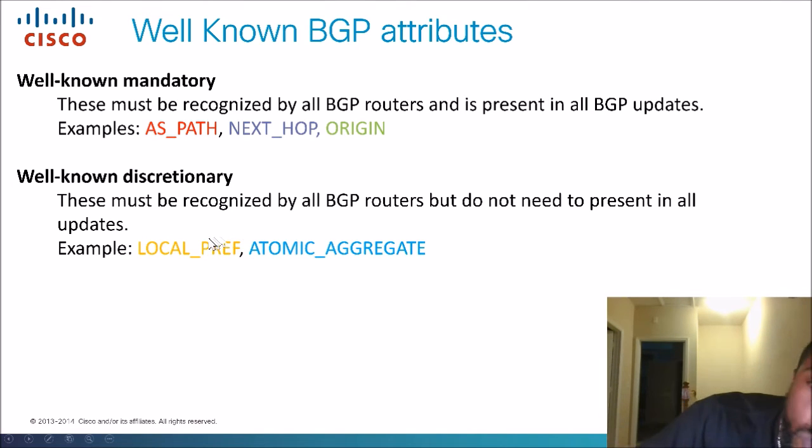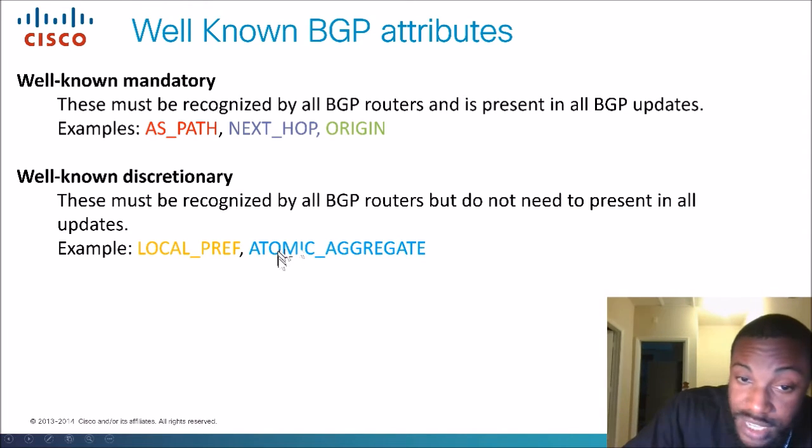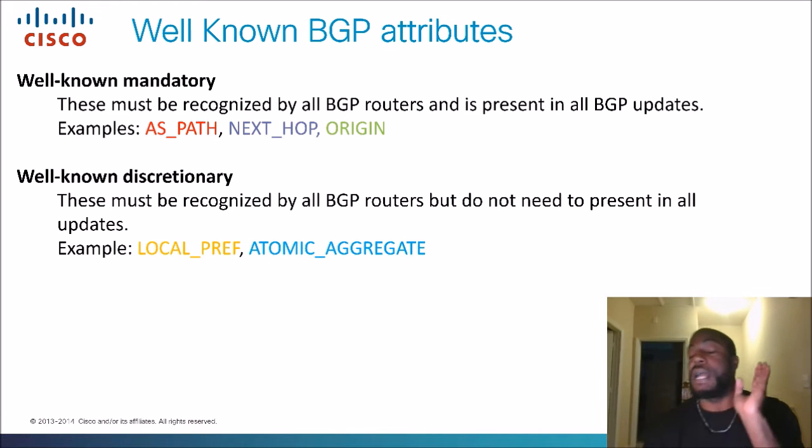The well-known discretionary ones are local pref, short for local preference, which is just how the attribute is written in iOS or in the CLI, and atomic aggregate. Those are the different types of attributes that BGP takes into consideration when passing along BGP updates.